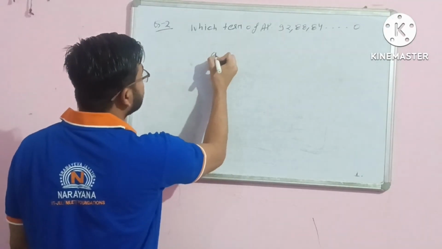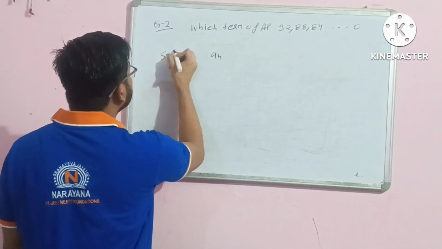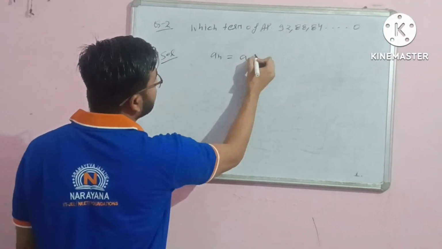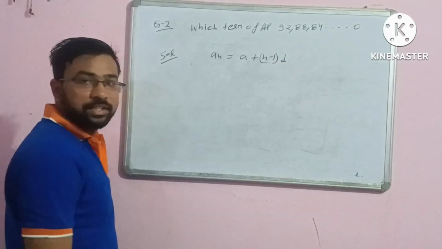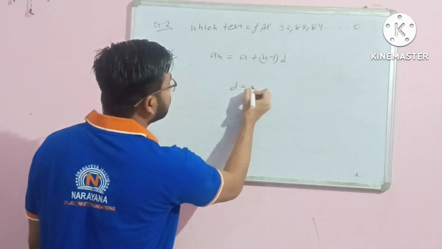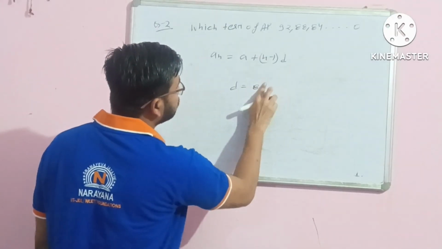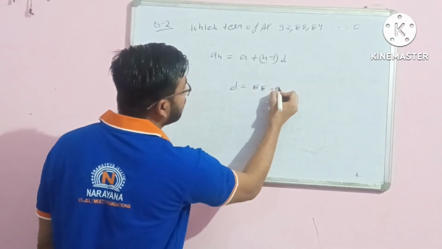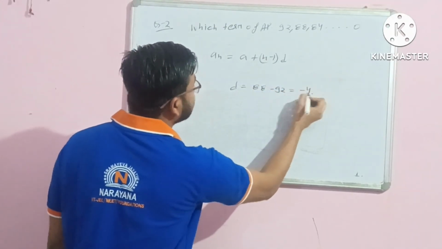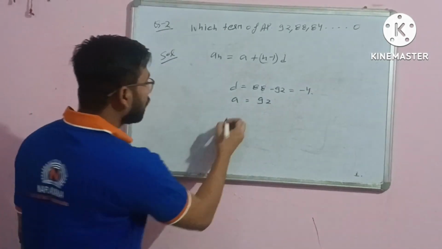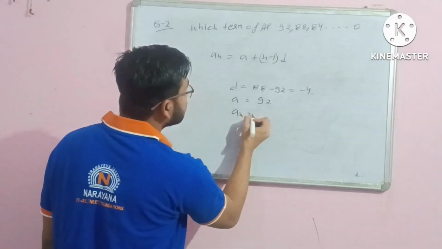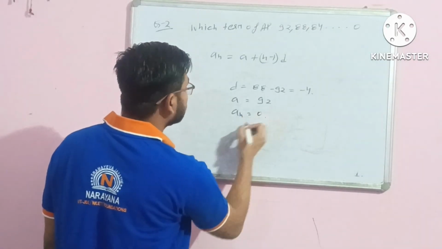So we have to apply this formula: an is equal to a plus (n minus 1) d. And what is d here? d is 88 minus 92, which is minus 4, and a is the first term, which is 92, and an is 0.